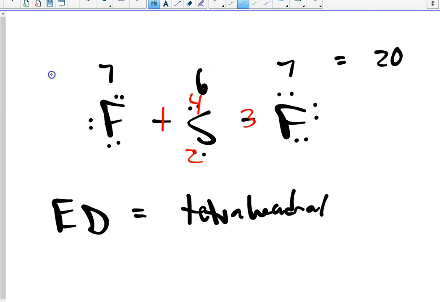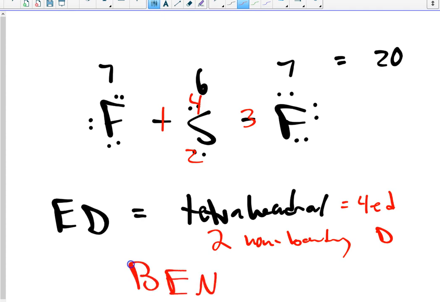Okay. When we have tetrahedral, we have 4 electron domains, but we have 2 non-bonding domains. Then we end up with a structure that we call bent.